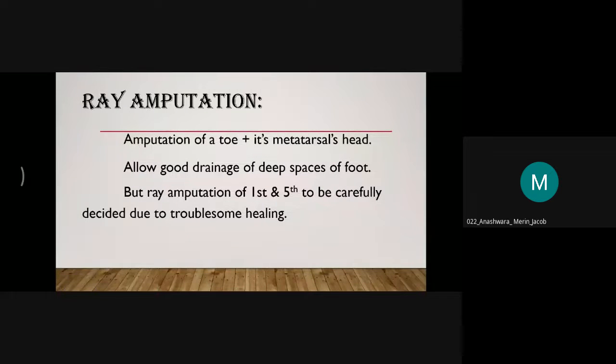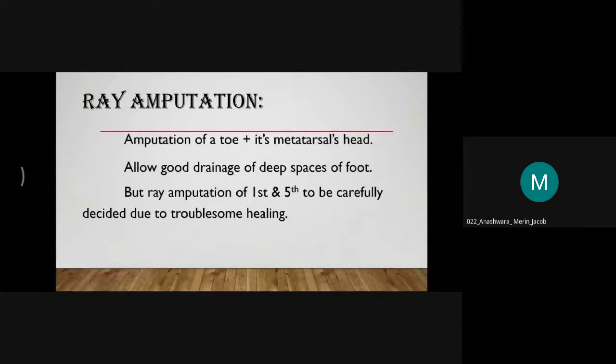If you take the head of the femur or the head of the humerus, you will have a rounded surface, right? The same will be there in every bone.